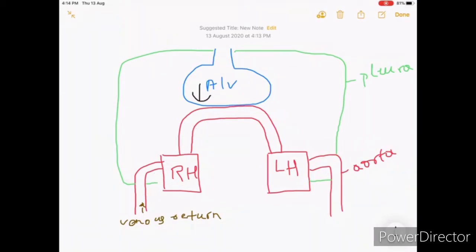Simultaneously, because of this positive pressure, there is increased pressure on the pulmonary vessels as well, that is the pulmonary artery. Therefore, the afterload of the right heart increases as well. This also contributes to decreasing stroke volume.